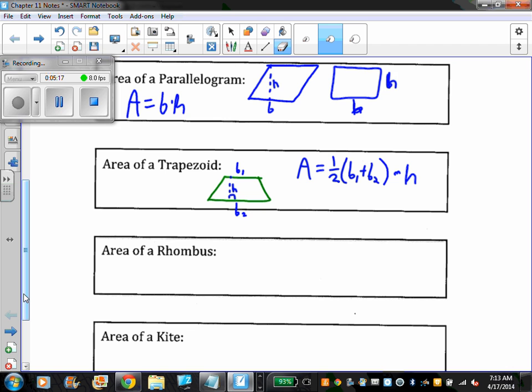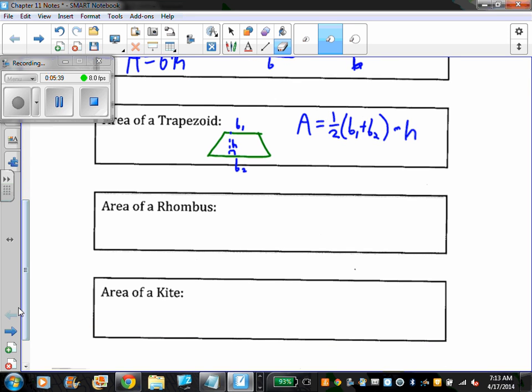If you treat one of the sides as the base, it can be a little bit difficult to figure out what the height would be that would go with that base. So we do something different for rhombus, but the nice thing is, the formula for the area of a rhombus is the same as the formula for the area of a kite. So these two kind of go together.